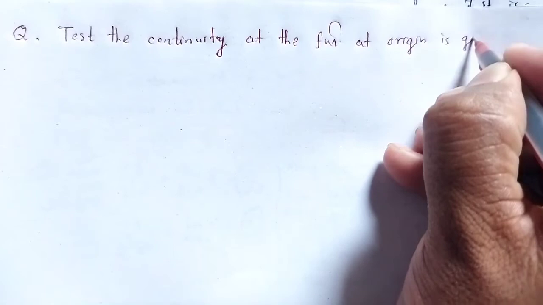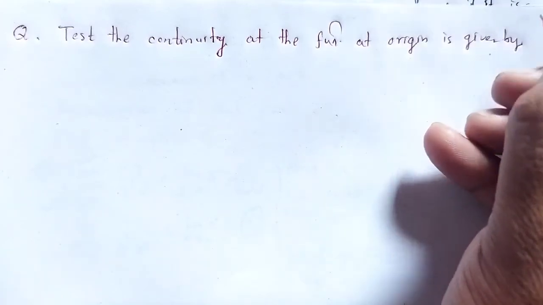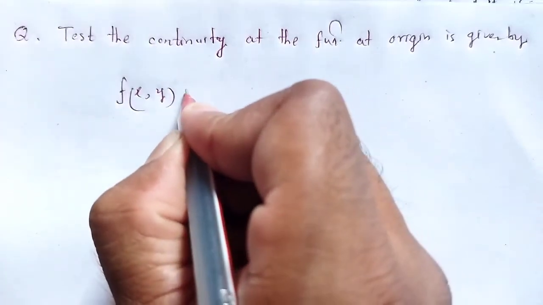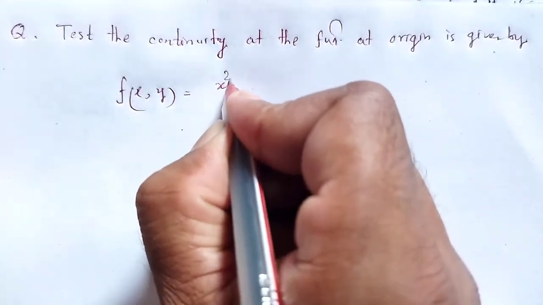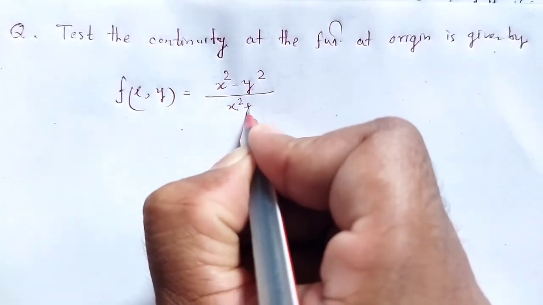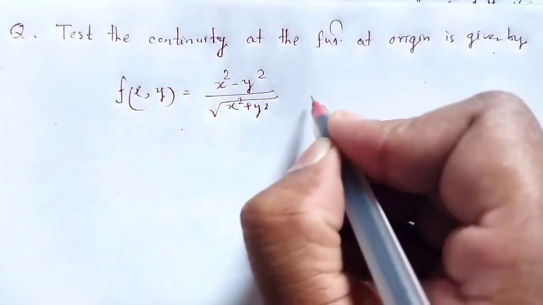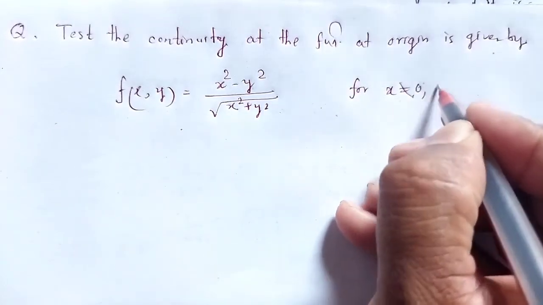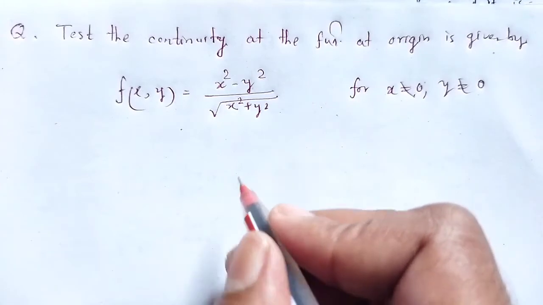The function is given by f of xy is equal to x square minus y square divided by square root of x square plus y square, for x not equal to 0 and y not equal to 0.